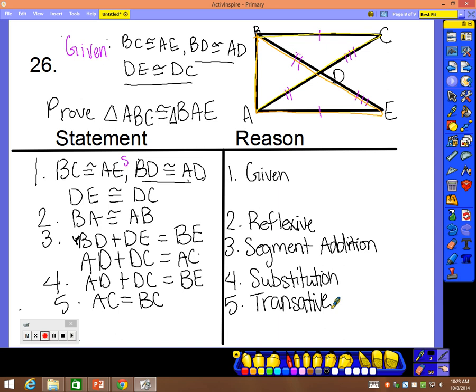So I've got another side here. Don't forget to mark this as a side. And here's my third side. So I've got side, side, side, don't I? And therefore, I can finish it out with side, side, side. And I can write my proof right here as triangle ABC congruent to triangle BAE.